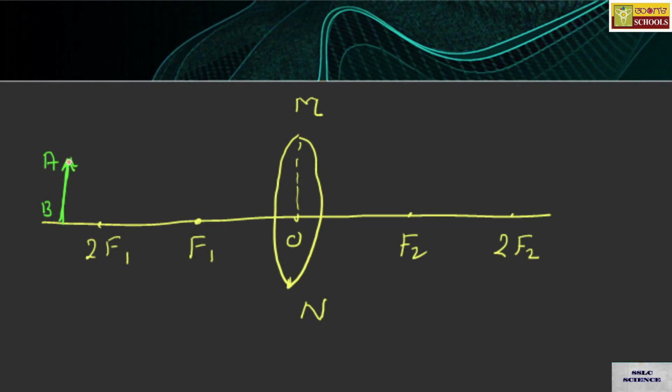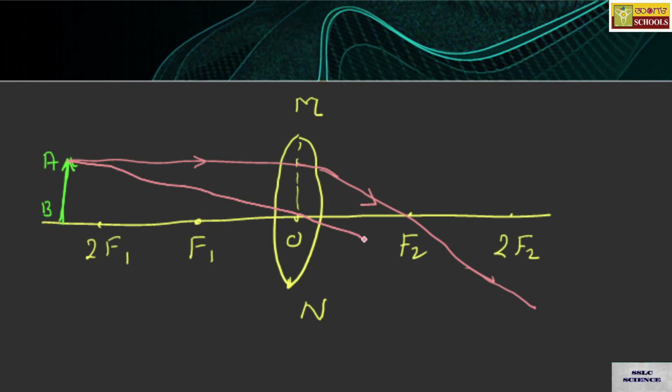First, the light ray which is parallel to the principal axis goes like this. After hitting the lens, it will converge to a point, that is F2. On the other hand, we have the ray which is moving undeviated.